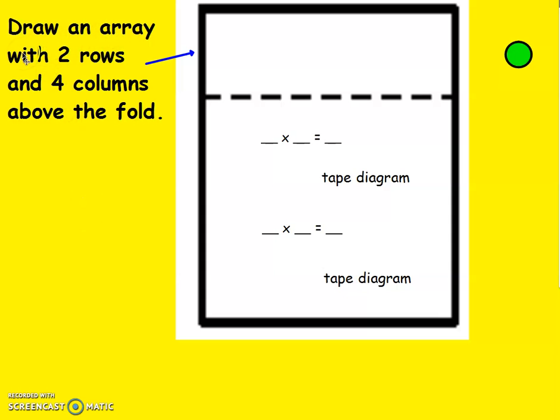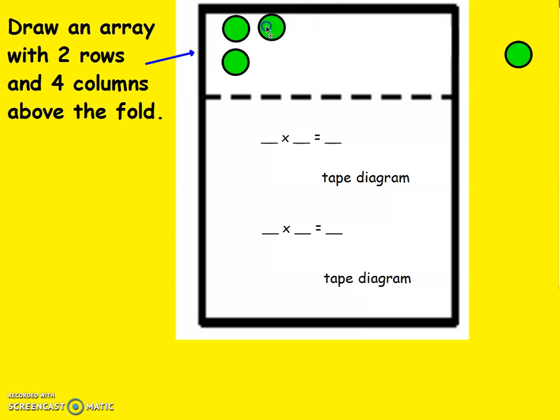Draw an array with 2 rows and 4 columns above the fold. So 2 rows. We need 2 rows. So these little green dots are going to help us draw an array model. So this is our 2 rows, 1, 2. And how many do we have in each row? 2 rows of 4.